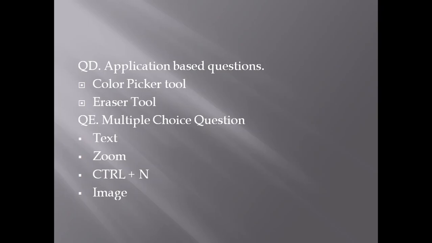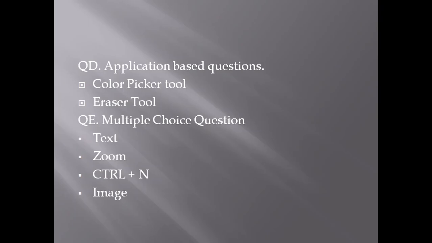Then we have question E, multiple choice, right? Dash tool is used to enter text in the drawing area: text tool. Dash tool is used to increase or decrease the view size of the object: that is zoom.